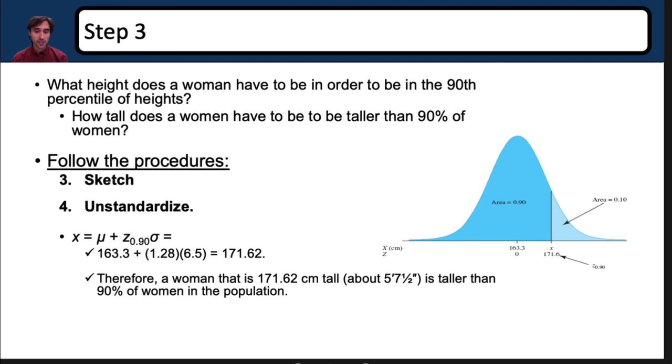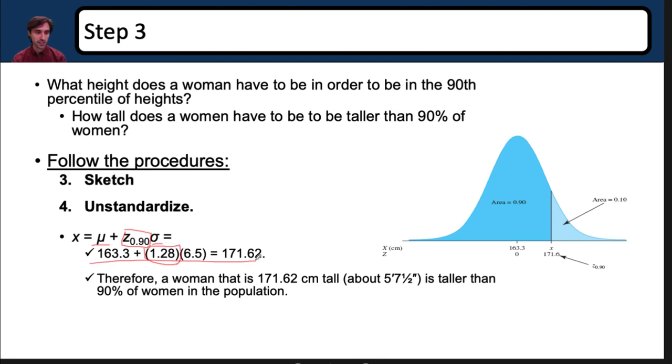Okay, so now that we sketched it, what are we looking at here? We had the area of 0.9, or the 90th percentile. Well, this x is what we are trying to solve for. We already had the mean, we already had the standard deviation, and what we were able to find is right here, which is 1.28.